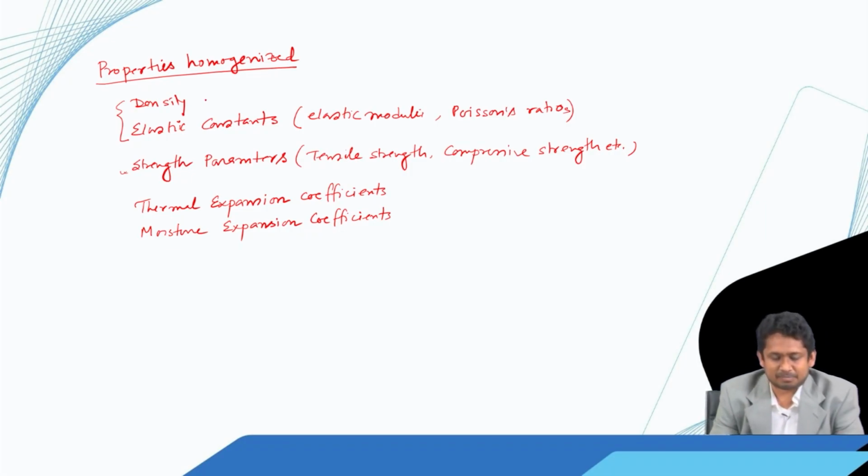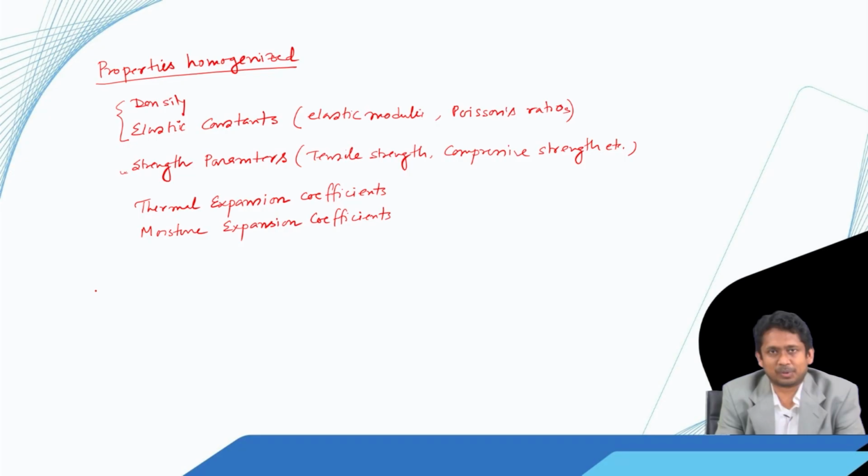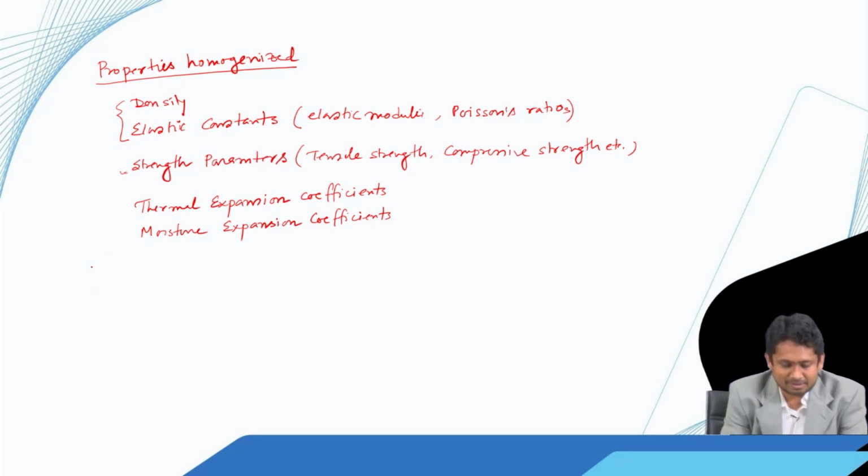We will have a brief overview of rest of the approaches later on, but most of the derivations that we will do will be based on the rule of mixture or strength of material based approach. Now, before we go there, we need to understand some definitions, and which we will come across repeatedly in micromechanics. The first one is volume fraction.